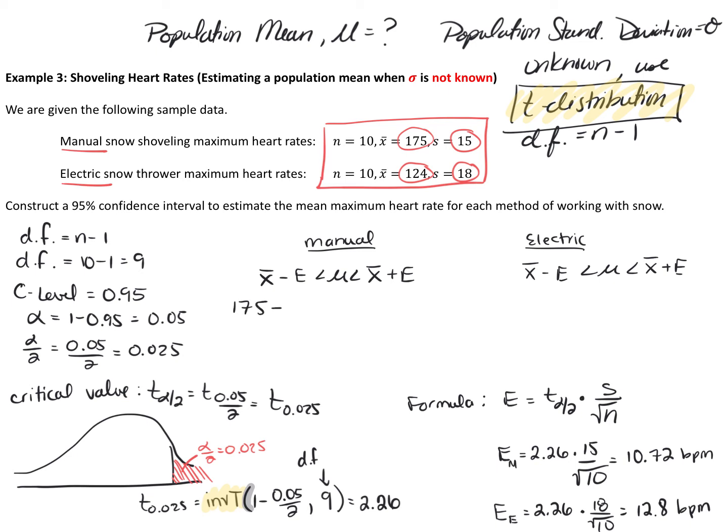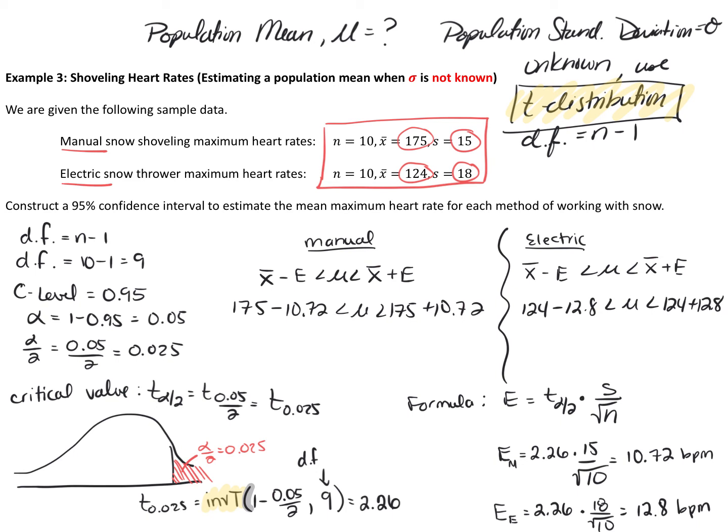So 175 minus 10.72, and then to get the upper limit, 175 plus 10.72. Then let me do that for the electric method, using the sample statistics for that data set. That's going to be 124 beats per minute minus 12.8, which gives us the lower limit, and then 124 plus 12.8 to get the upper limit.